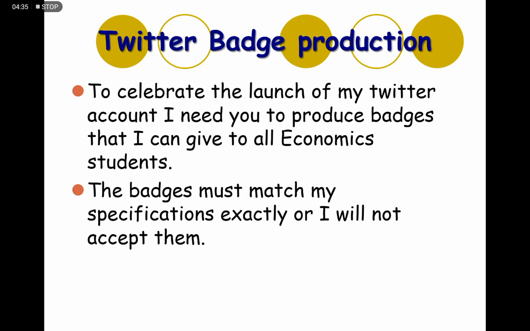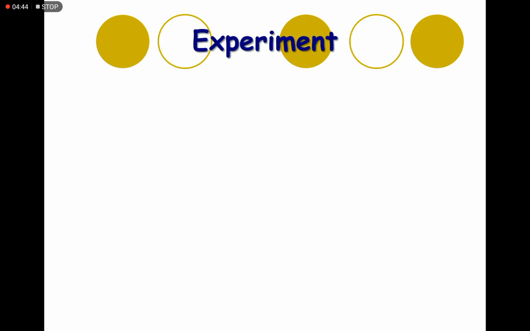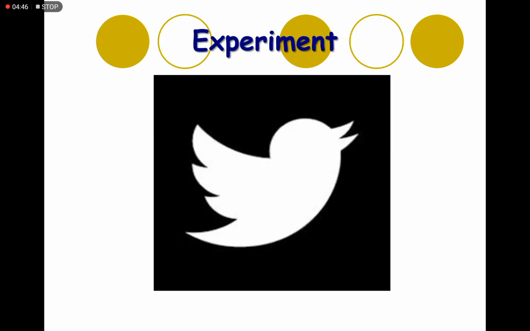You must only use the equipment that I've left at the front, and you've got to make as many as you can. Okay, so here is a picture of the logo. You can imagine a sheet of A4 paper with maybe 25 or 30 of those on. A student sits at the front, they have scissors, felt tip, biro, sheets of these and a pencil.